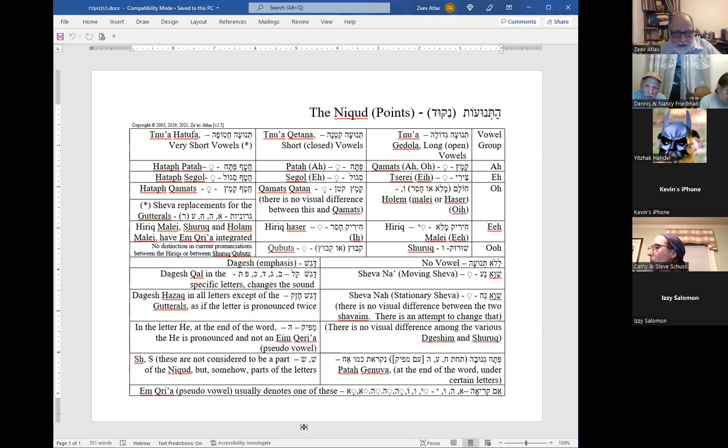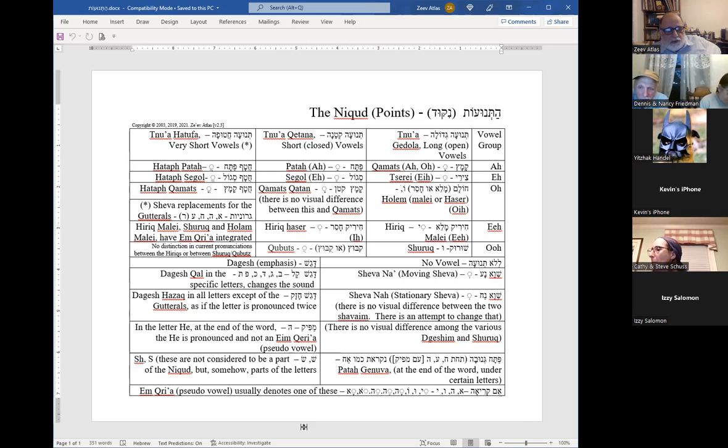The Nikud, there was one more system of Nikud and Te'amim that was developed throughout the first millennia of the current counting, whatever it is.